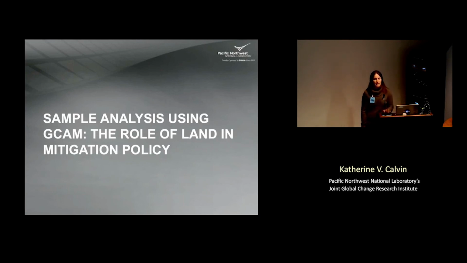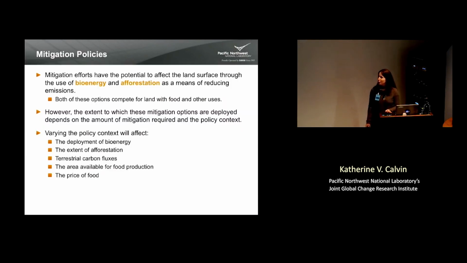Now I'm going to go into one specific example of a paper that is in press now. It's a follow-on to the study I showed with the really dramatic land cover change. Here we're looking at the role of land in mitigation policy. As I mentioned, mitigation efforts have the potential to affect the land surface through bioenergy or afforestation, and either of those can reduce emissions.